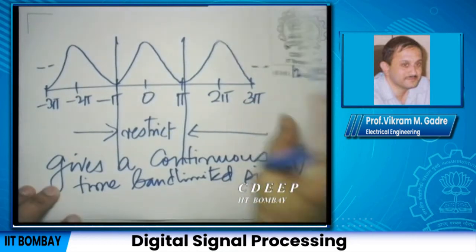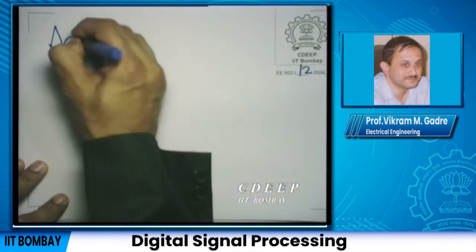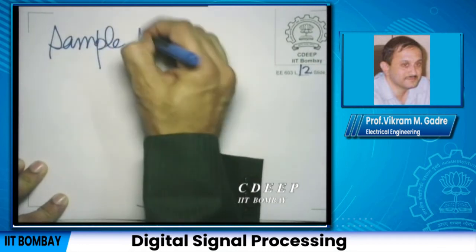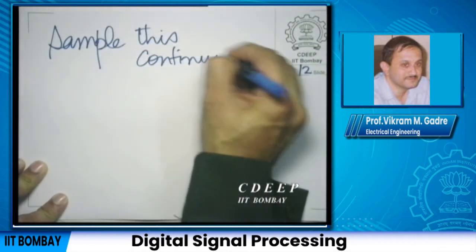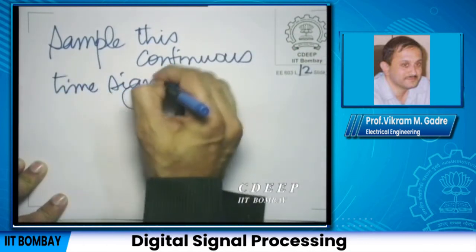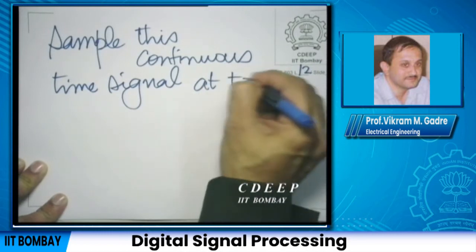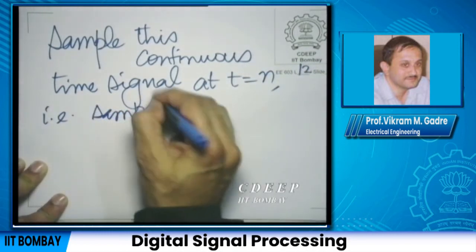Now, sample this continuous time signal at t equal to n, that is a sampling rate of 1.